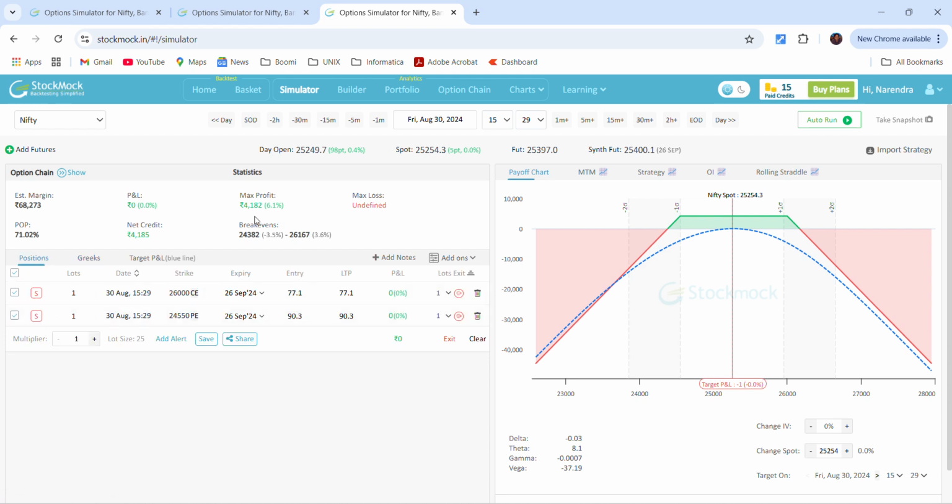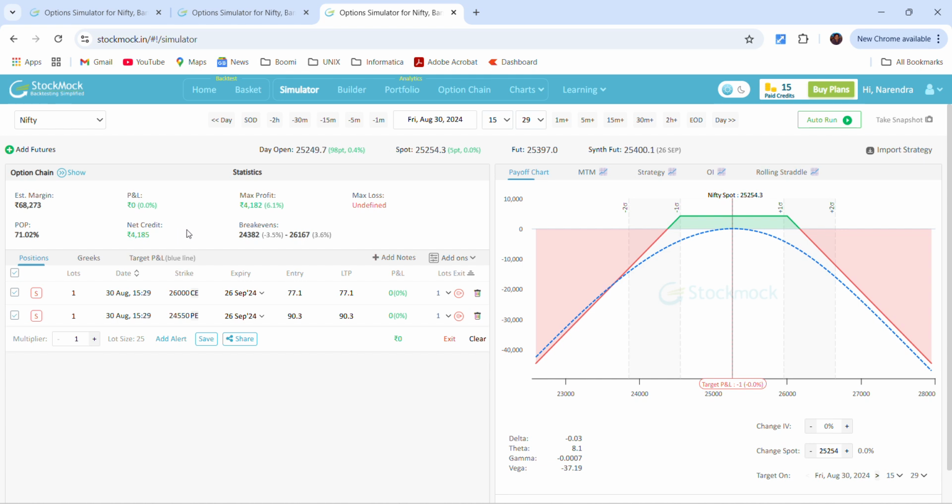Now let's understand some of these things. The estimated margin, since you are selling on both sides, will be required around 68,000. The probability of profit is 71%. I think if you maintain this strategy properly, then you will get more than this.